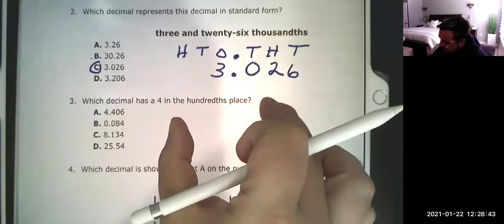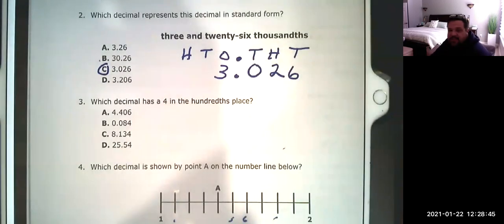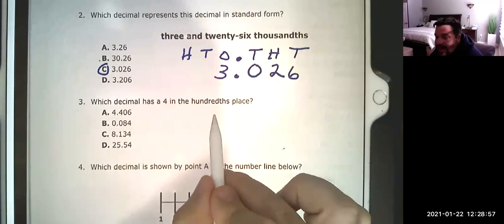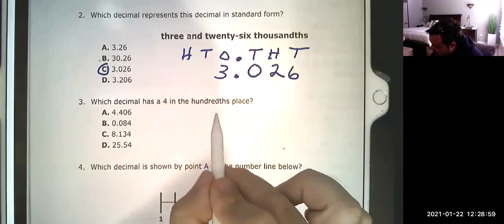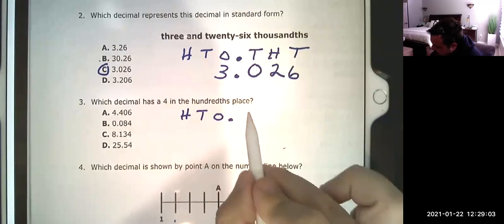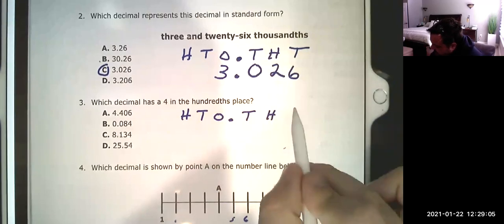All right, let's look at number 3. Which decimal has a 4 in the hundredths place? Pause me now and get your answer. Okay, same thing for this one. I always just do this. You don't have to if you know this, but I always go ones, tens, hundreds, decimal, tenths, hundredths, thousandths.